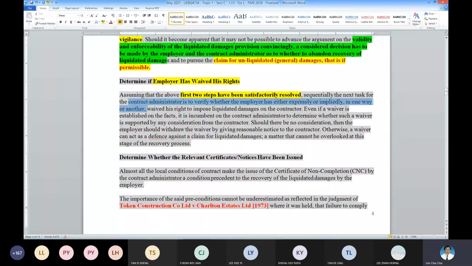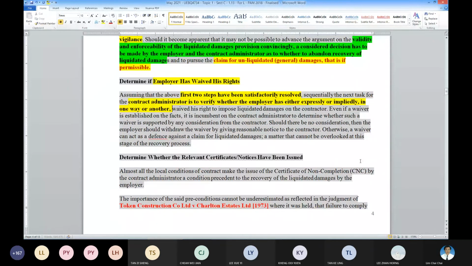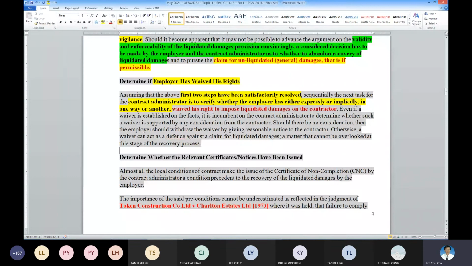So the next step will be whether the employer is going to deduct or not, or sometimes waive the right. So all depends. It's up to the employer. Verify whether the employer wants to impose LD or not on the contractor.